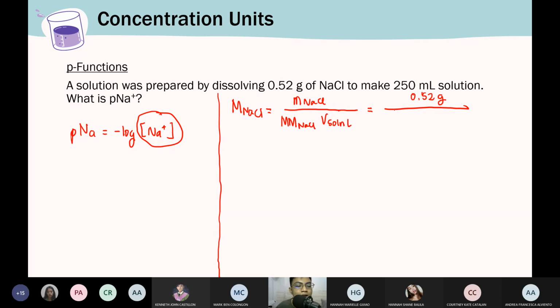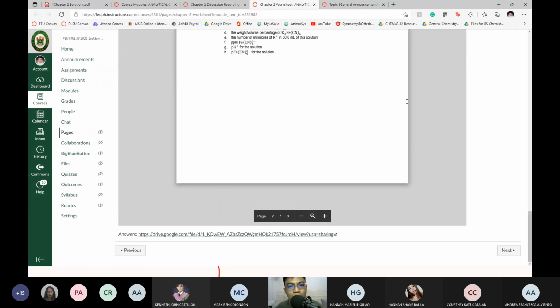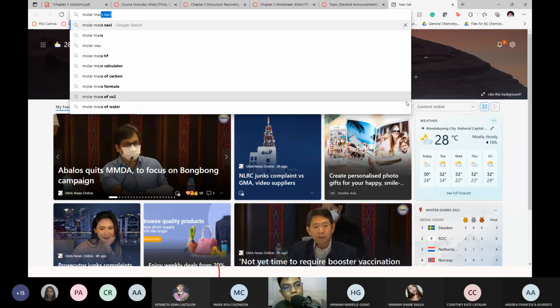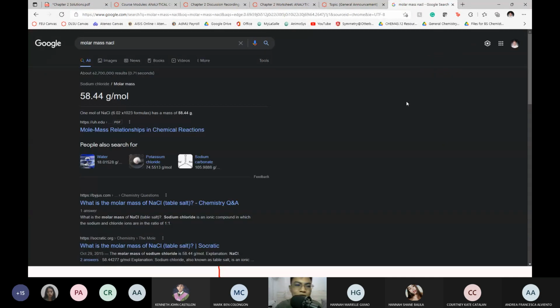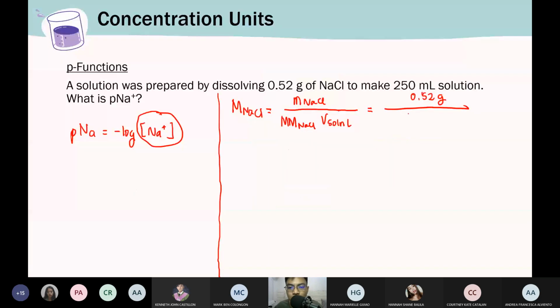For the molar mass of NaCl, let's Google it. The molar mass of NaCl is 58.44.